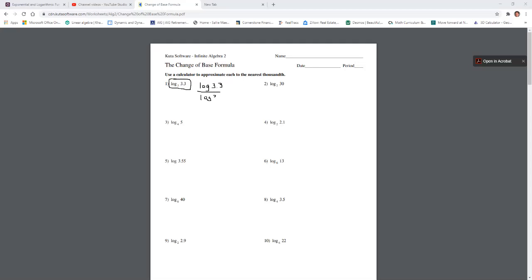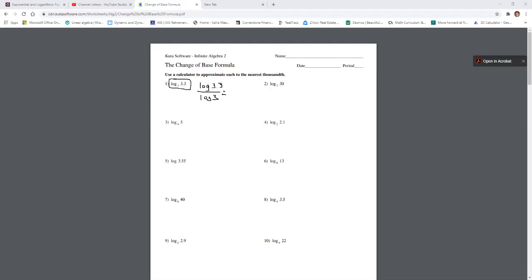This will help you to estimate that number. So log base 3 of 3.3 is going to be log 3.3. So on my calculator, I would type log 3.3. And the log button is on the first column, about halfway down under the x squared button. So log 3.3 divided by log 3.